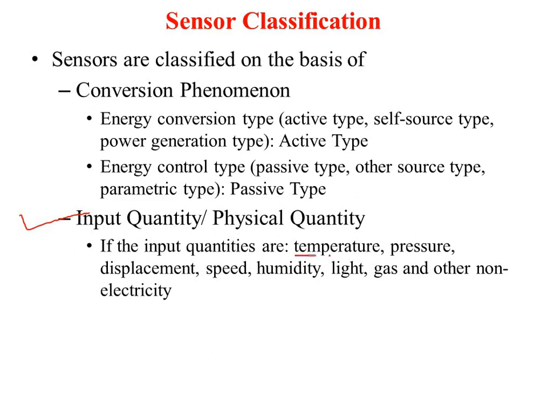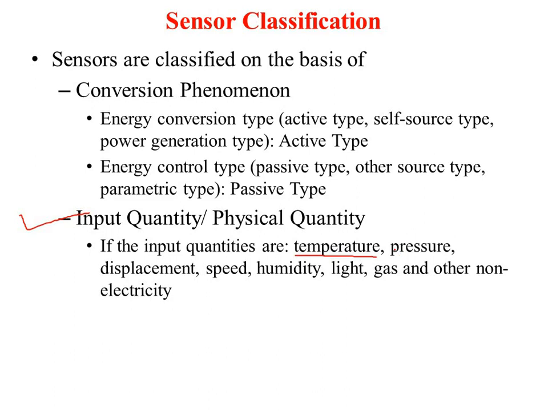Whatever the quantity you are measuring, on that basis I will call that sensor a temperature sensor. If I come up with a simple sensor and say you just test it, you need to apply each and every parameter to it and check. But if I say this is a temperature sensor, you can directly put it to your application, depending on the specification required by your application. So specification will also play a very important role.